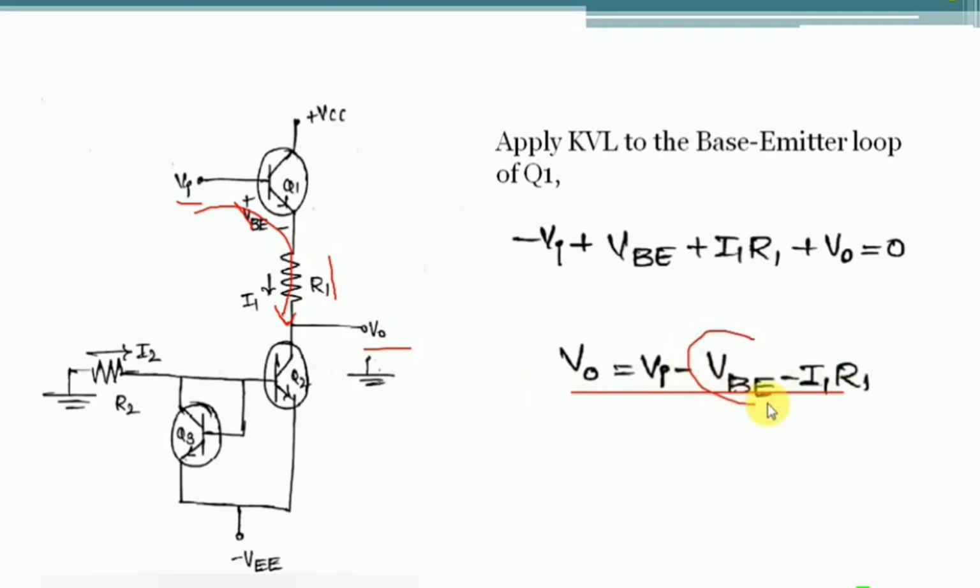VBE is the cutoff voltage of the silicon transistor Q1, and the I1 value we have found is equal to I2, the current value of the current mirror circuit, and R1. So by properly choosing the values of resistor R1 and the current I1, the DC level in the output voltage can be reduced. These are the three basic circuits that can be used in the level shifter block.